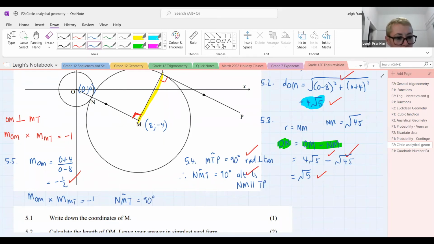Now we can sub in: minus 1 over 2 times the gradient of MT equals -1, so the gradient of MT is equal to 2. Is everybody okay with that?